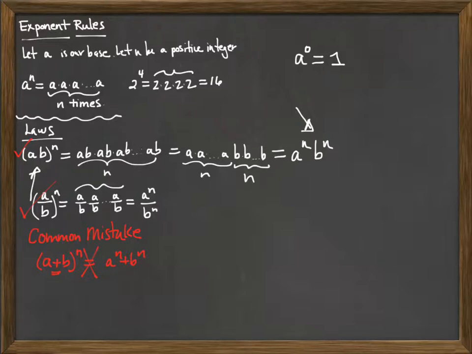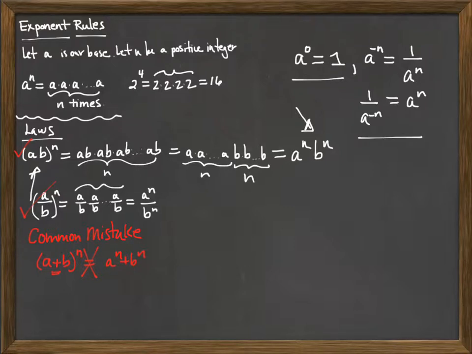And another convention is a raised to the negative n is equal to 1 over a to the positive n. So if we have a negative exponent, we can move it to the bottom and make it positive. Likewise, if we have a negative exponent in the bottom, we can move it to the top and it becomes positive. So that's important as well.